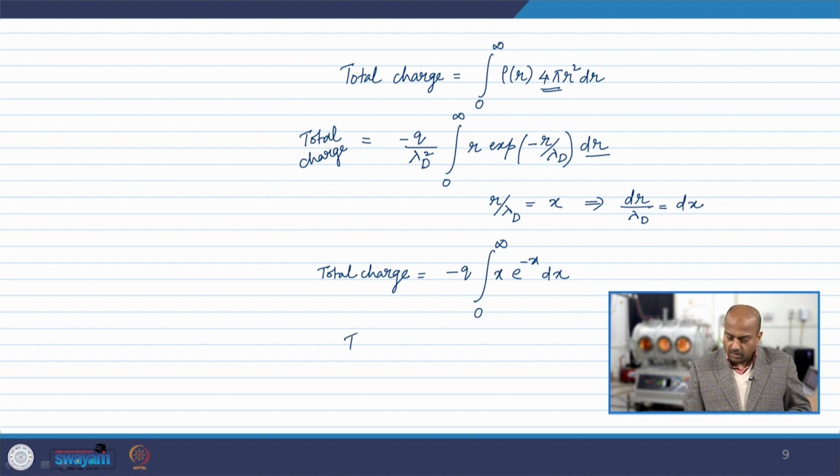So, total charge inside the Debye sphere is minus q times gamma of 1. So, gamma of 1 is 1.